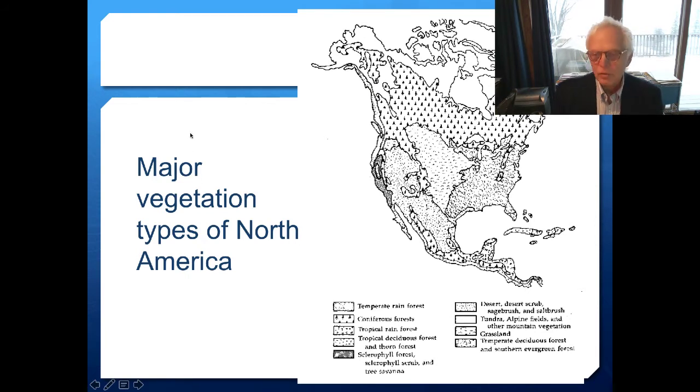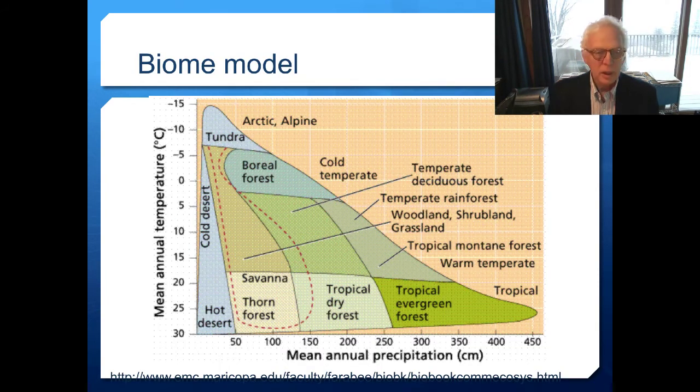Now, the reason those different vegetation communities exist like that is no accident. This patchwork is a little bit hard to track, but you can array all these vegetation types on a really simple graph, like this one shown here, where they tend to line up nicely across a gradient of mean annual temperature.